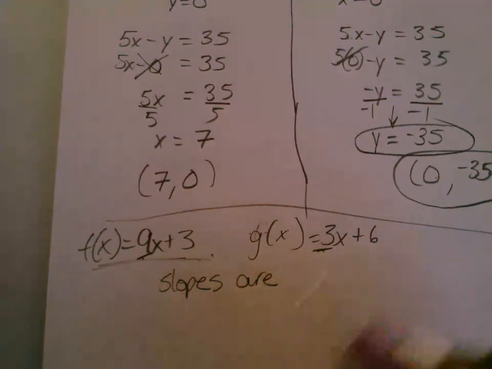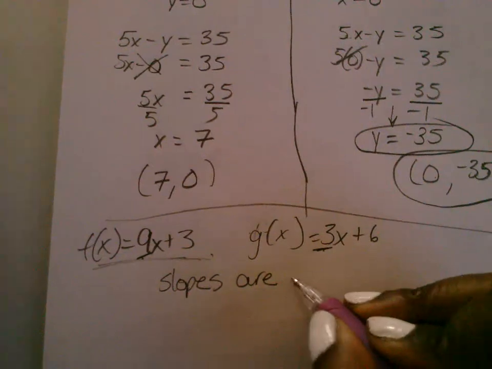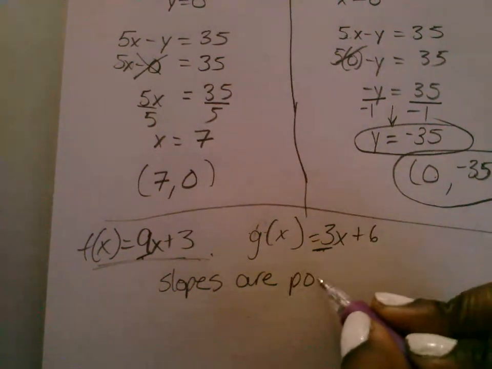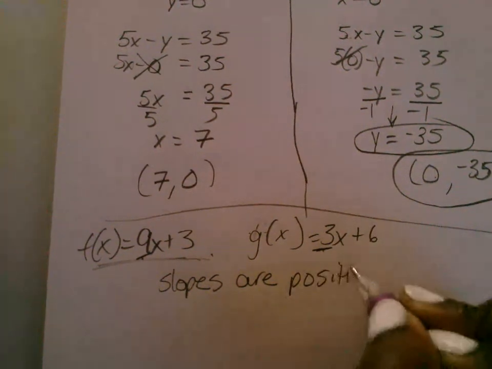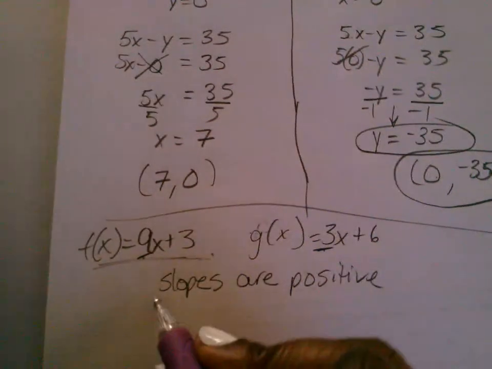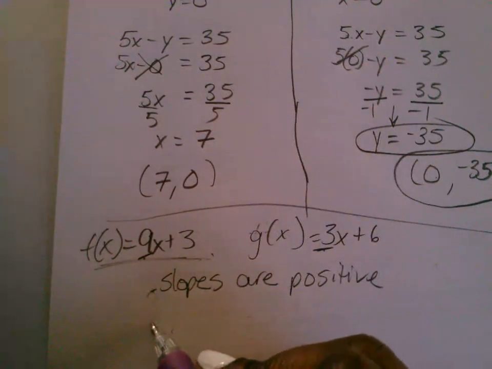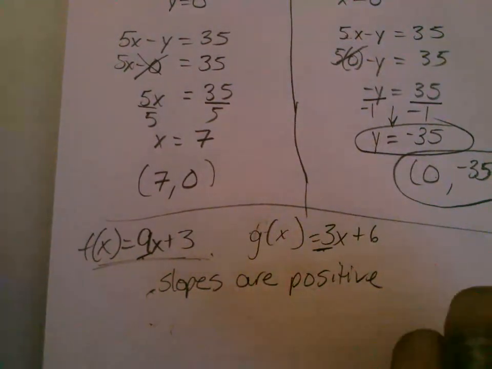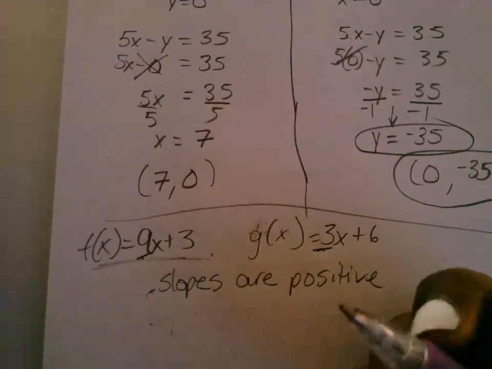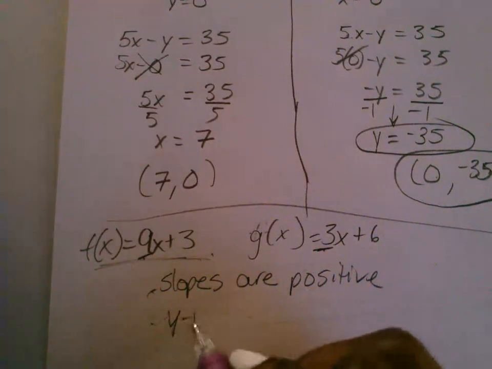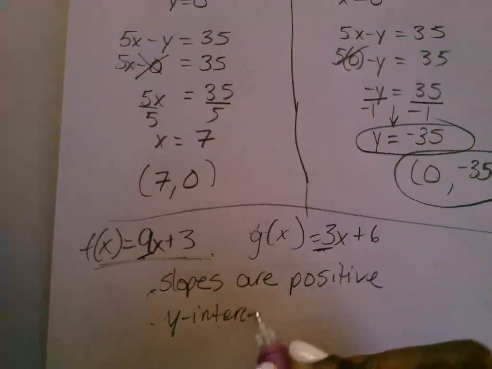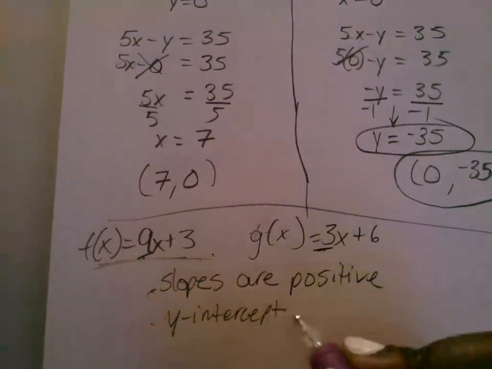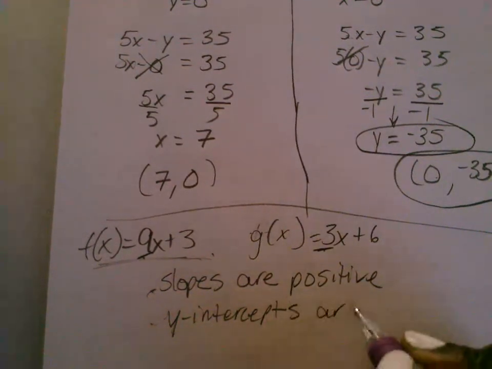Positive 3. What do the slopes have in common? Both slopes are positive. What else do they have in common? Their b is positive too. The y-intercept is positive also. They're not the same, but the y-intercepts are positive.